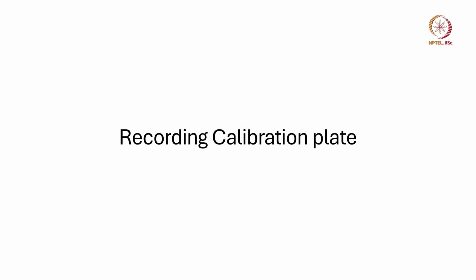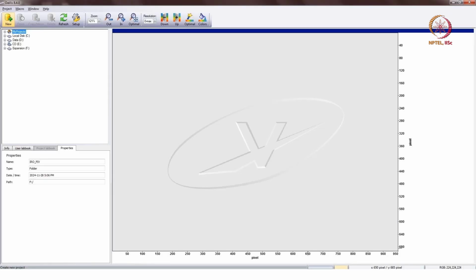Now let's record the calibration plate, which is already positioned inside the center of the combustor. To start recording the calibration plate, we need to create a new project inside the Davis software. For this reason, we have to press this new icon as I am showing here.